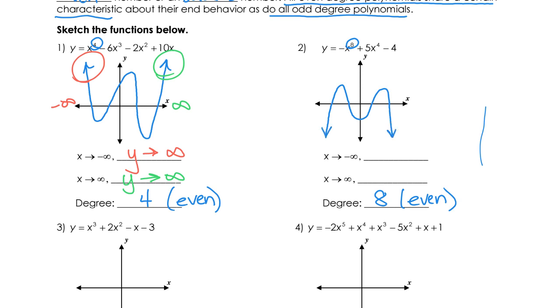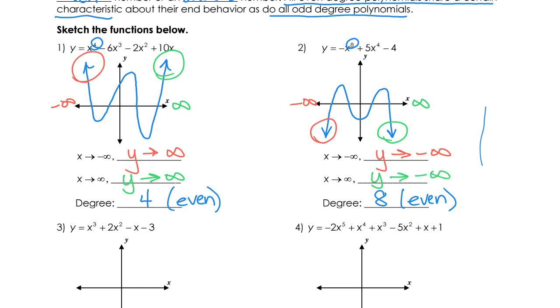Okay, and so as x approaches negative infinity, on the x-axis, negative infinity is on the left-hand side, so we're looking at the left end there, and it is going down, and we're going to say that y approaches negative infinity. If we're looking at x approaching positive infinity, that happens on the right side of the x-axis, and that end on the right-hand side is also going down, and so we'll say y approaches negative infinity as well.